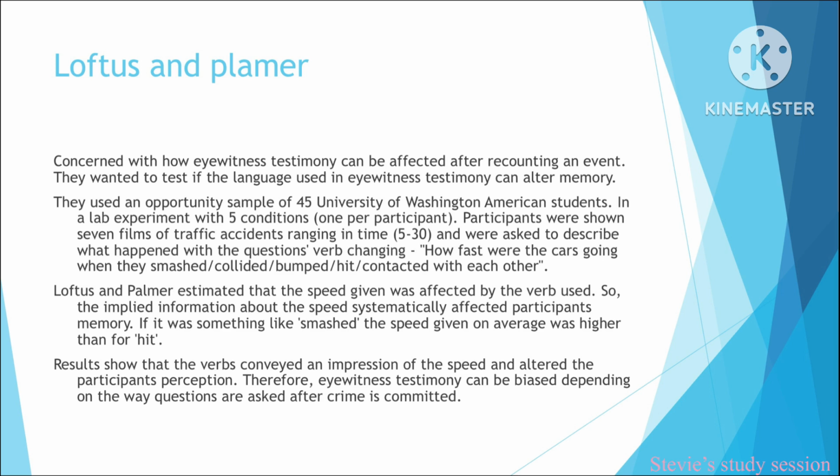If it was something like smashed, the speed given was on average higher than for hit. Results show that the verb conveyed an impression of what the speed was and altered the participants' perception. Therefore, eyewitness testimony can be biased depending on the way questions are asked after the crime is committed. Loftus and Palmer support the idea of reconstructive memory, as it shows how eyewitness testimony can be reconstructive.